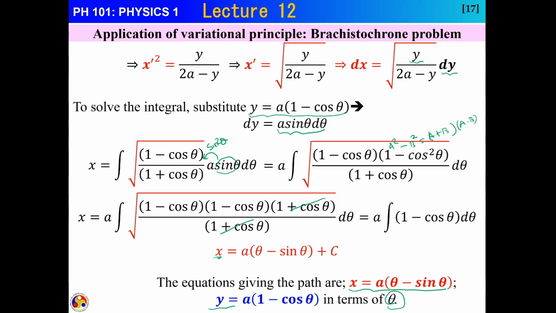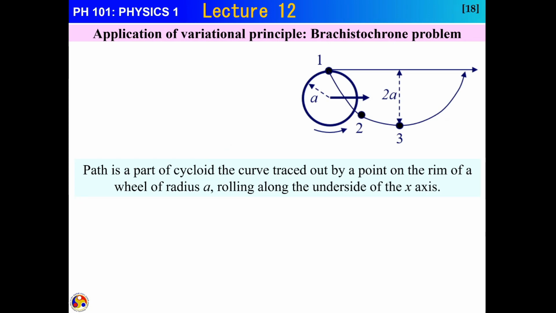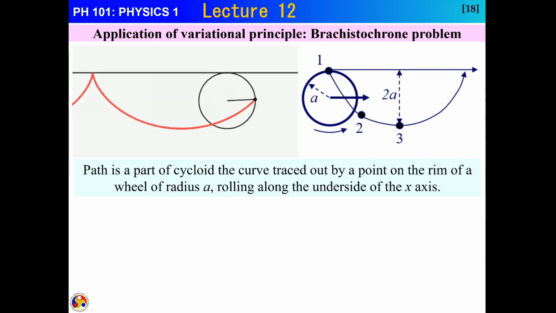Now what is this equation giving us? So this equation indirectly gives the path of variation as this one. So if you do x square plus y square, then you end up in a similar way. So this path is a part of the cycloid that we have shown earlier in the initial discussion.